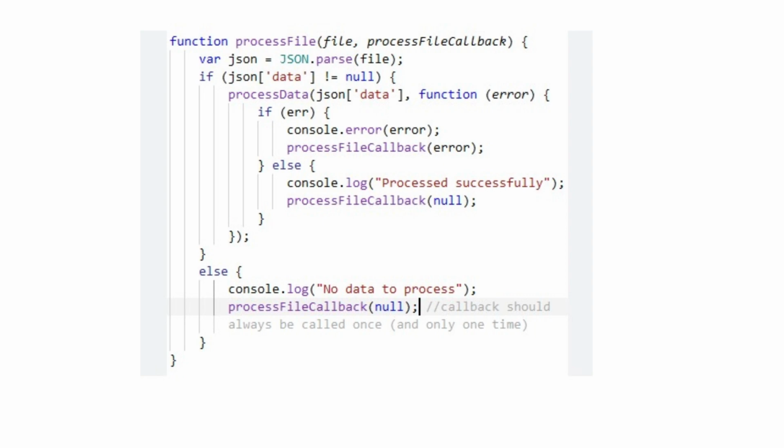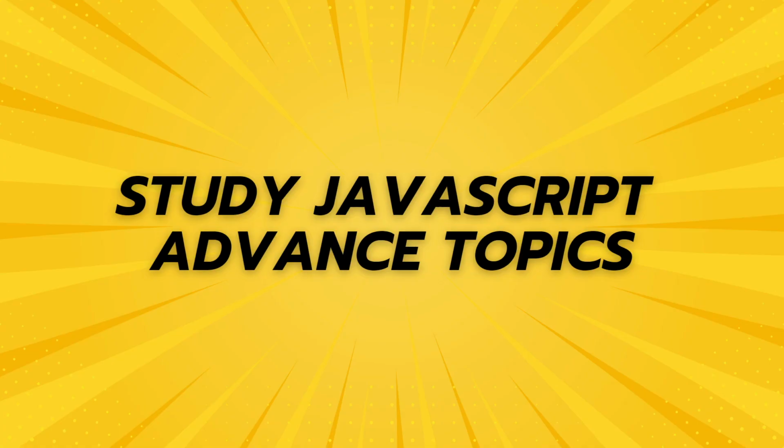So you want to avoid using too many callbacks. Ask yourself, can I write this piece of code without using callbacks? If yes, then you probably shouldn't use callbacks. When you use async await, it is more readable than using callbacks and callbacks and callbacks.